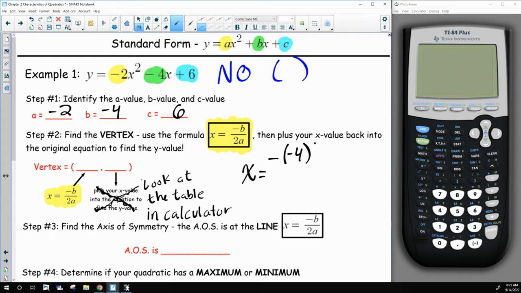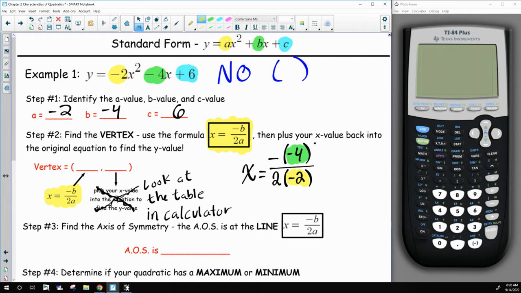When I plug in negative 4, now I have a negative times a negative 4, all over 2 times a. 2 times my a value, negative 2. I plugged my b value in up at the top, and I plugged my a value in where the a was on the bottom. You just imagine the b and a disappear and you replace them with your numbers. A lot of times we forget this negative 4. So there's that negative out front.